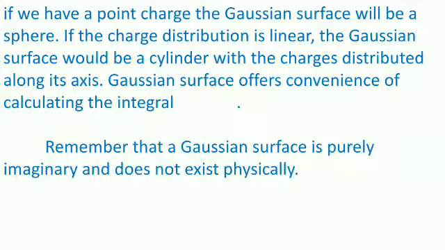If the charge distribution is linear, the Gaussian surface would be a cylinder with the charges distributed along its axis. A Gaussian surface offers convenience in calculating the integral of vector E dot vector ds. Remember that a Gaussian surface is purely imaginary and does not exist physically. We have to keep this point in our mind.